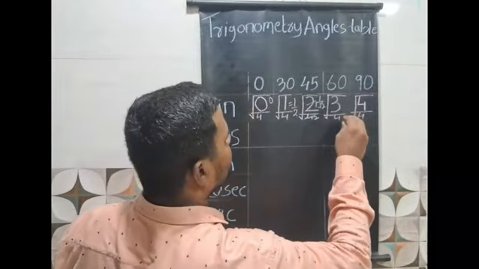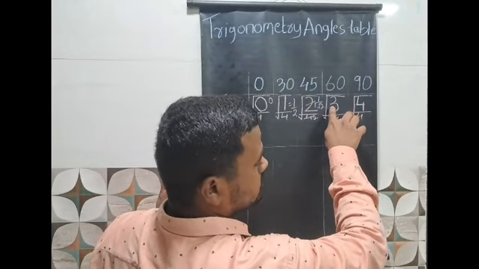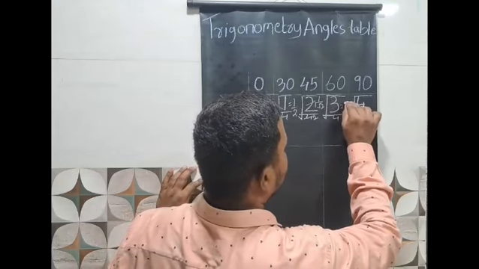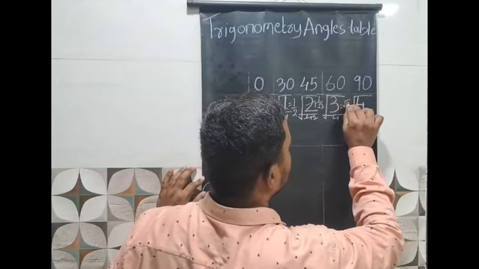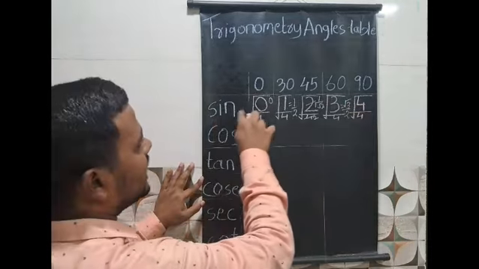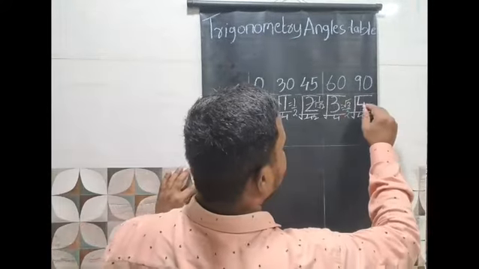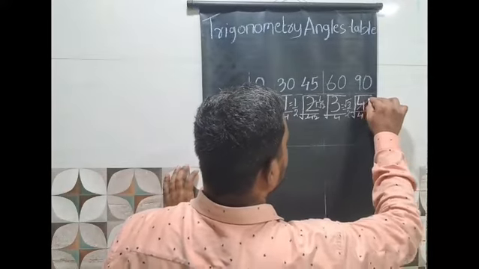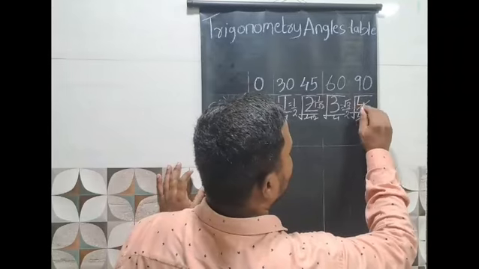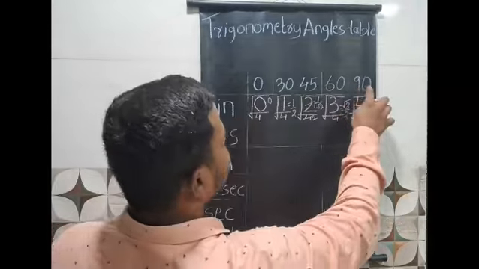Next, we can simply write root 3, and we know root 4 is 2, so we can write root 3 upon 2. Which means sine 60 is root 3 upon 2. And over here we simply cancel 4 and 4 and are left with 1. The square root of 1 is 1, so sine 90 is 1.